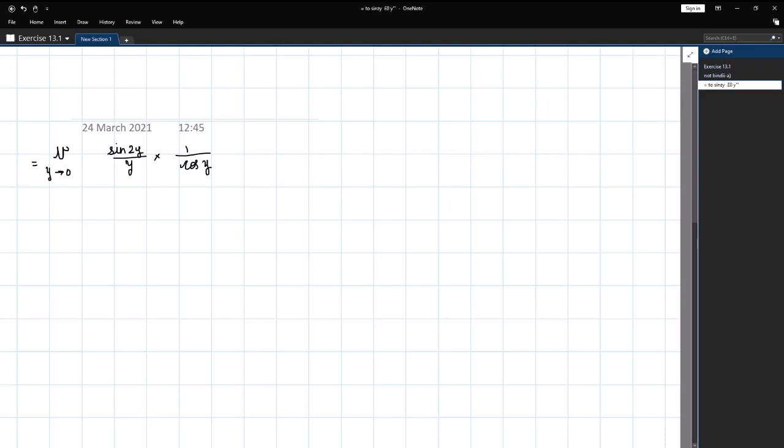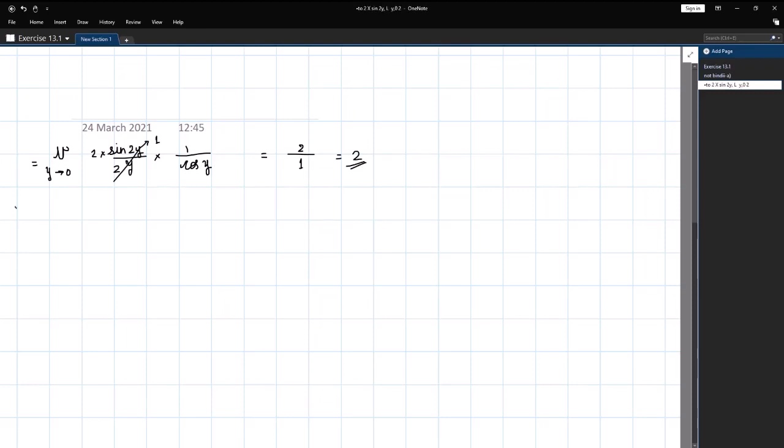If we multiply and divide by 2, we'll have 2 into sin 2y by 2y, and this whole value will be equal to 1. If we substitute y is equal to 0, we have 2 divided by cos 0, which is 1. So the answer is 2.